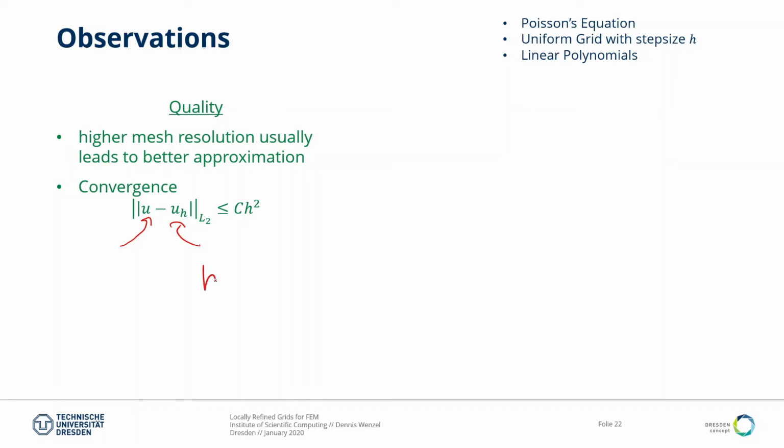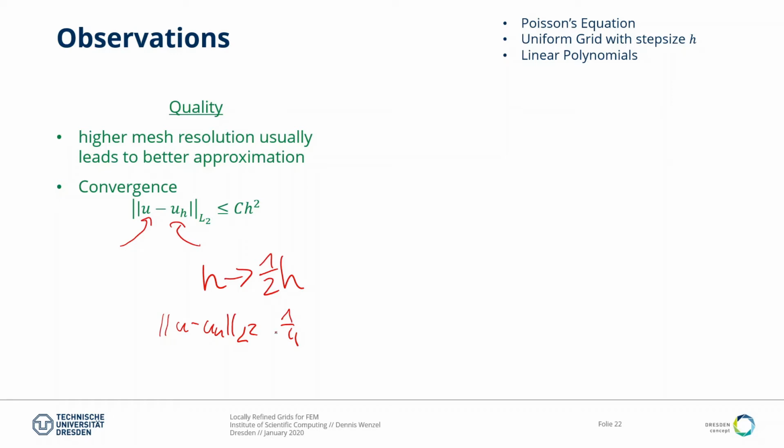For example, if you reduce h to 1/2 h, so take twice as many divisions in each direction, then your error will be multiplied by a factor 1/4, right? So it's h squared here and some constant.